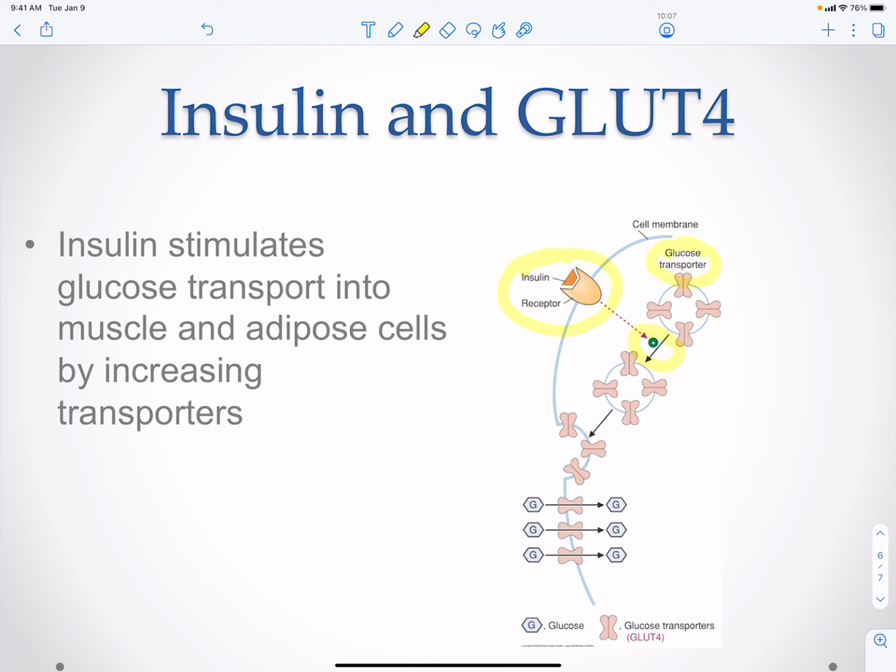Your GLUT4 transporters are on an endosome. The endosome will fuse with the plasma membrane, and then you'll get expression of your glucose transporters, and this will allow your muscle cell to take up glucose. Now remember, the glucose transporter in this case is GLUT4, and this is important for removing glucose after a high carbohydrate meal.